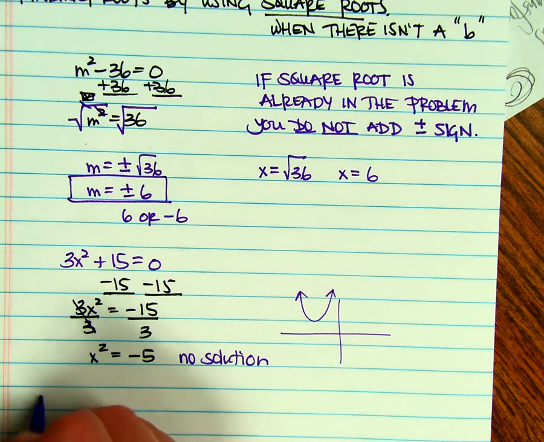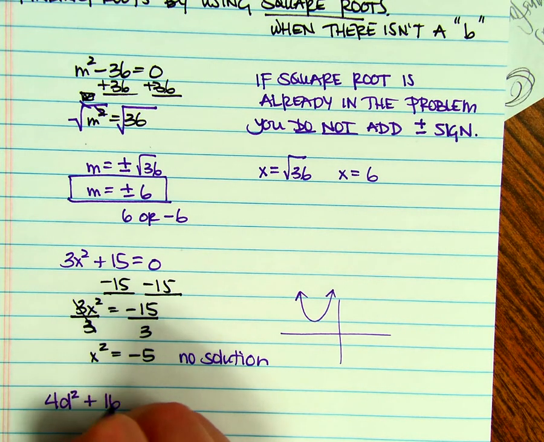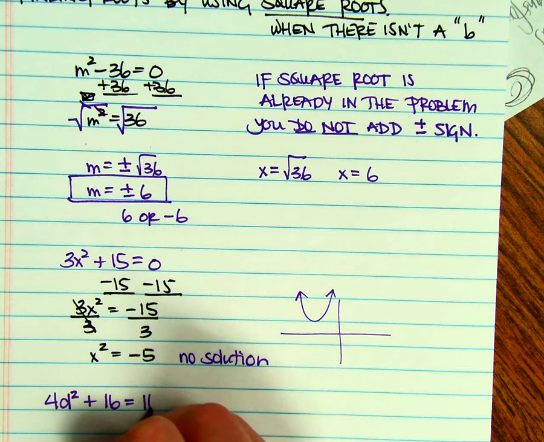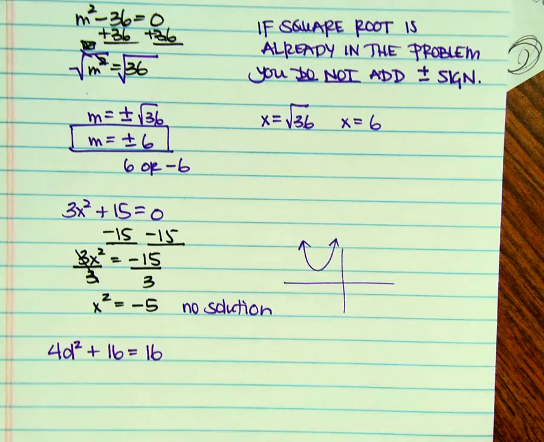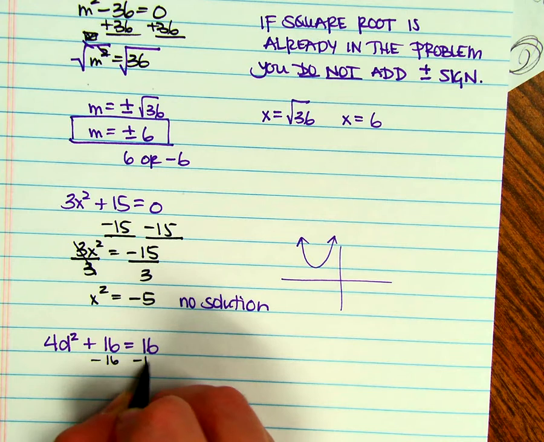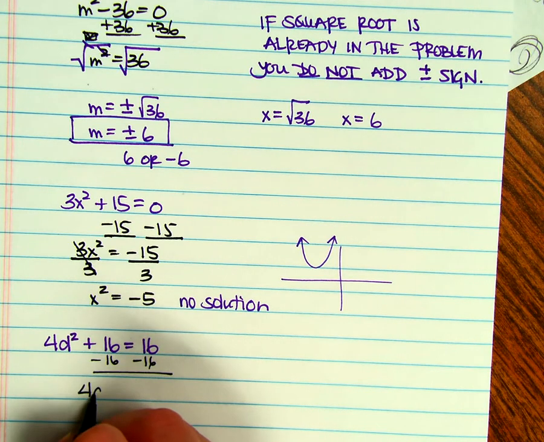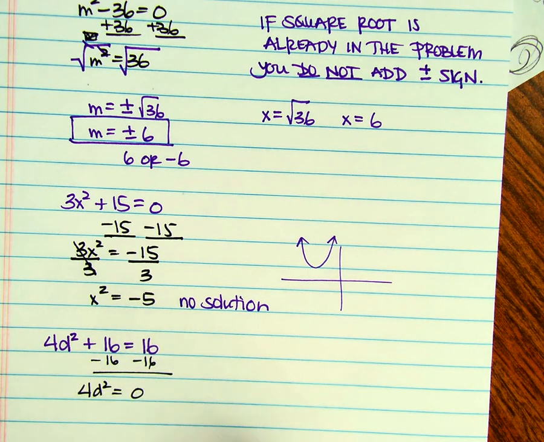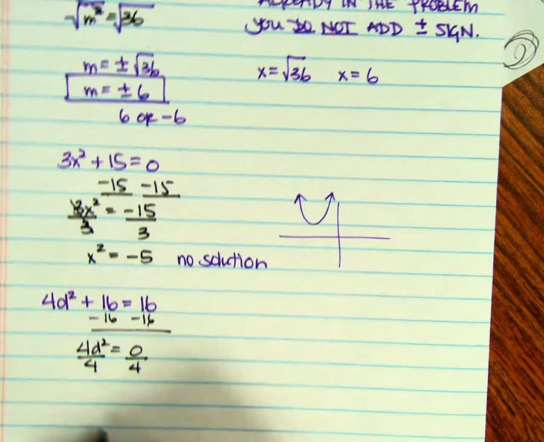How about 4d squared plus 16 equals 16? Subtract 16 on both sides. 4d squared equals 0. Divide both sides by 4.